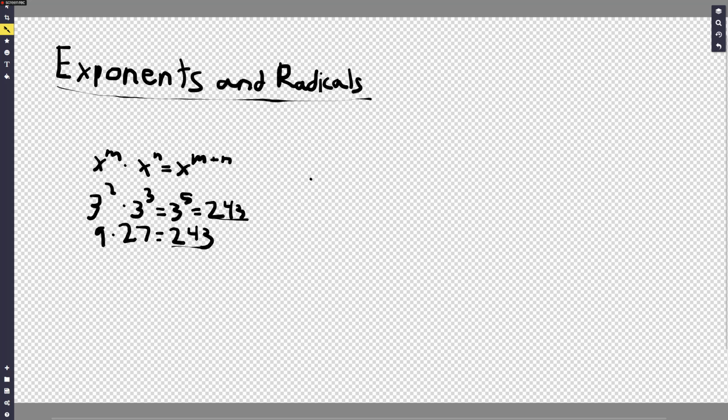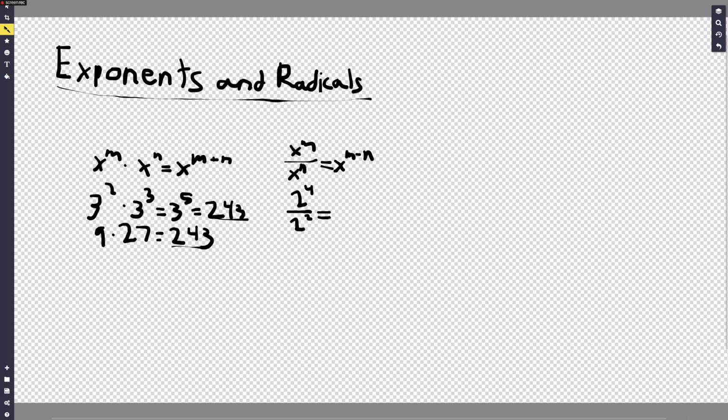Now let's talk about the quotient property. So if we were to have x to the power of m divided by x to the power of n, that is going to be equal to x to the power of m minus n. Okay, well let's test this out. Let's say we have 2 to the power of 4 divided by 2 to the power of 2.